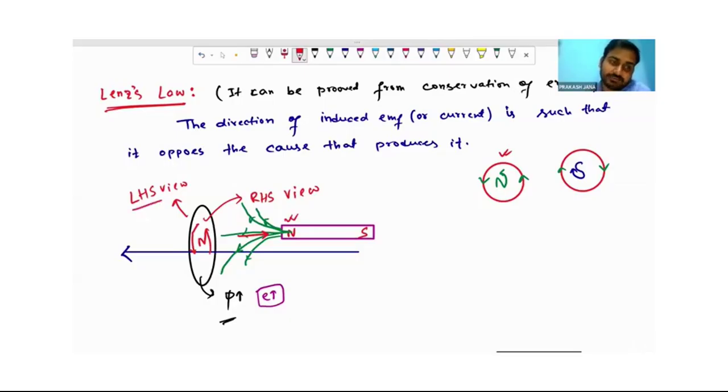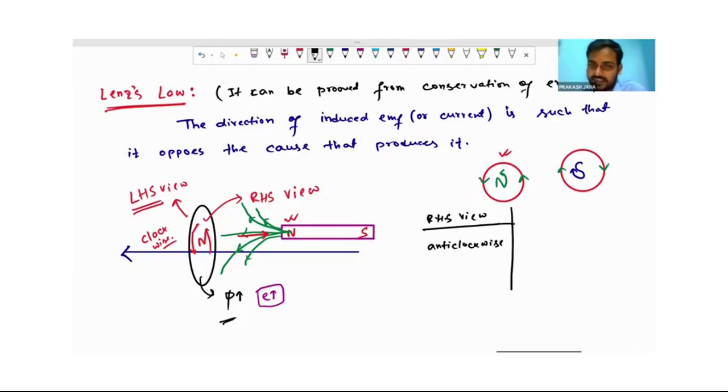And if we see from the left hand side view, the current has to flow in clockwise direction. Okay, so let me precisely mention it. From the right hand side view, the current has to flow anti-clockwise to repel.